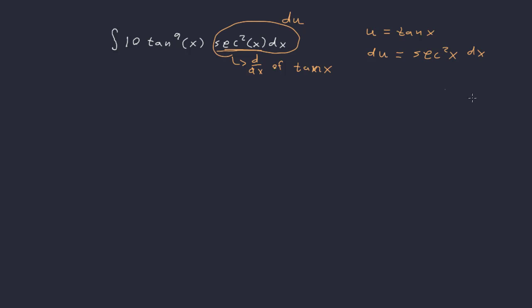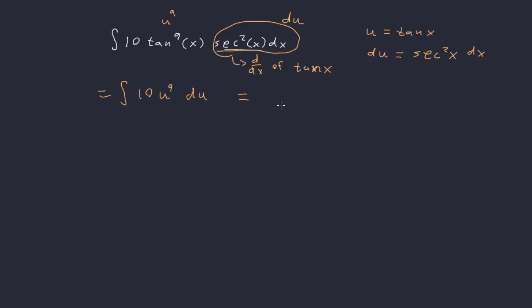Now, you may have actually seen an integral like this in Calculus 1 even. When you first learn about your u substitution, this is a pretty standard integral, because if tangent is u, then this is just u to the 9th, right? So our new integral really just becomes 10 u to the 9th du.